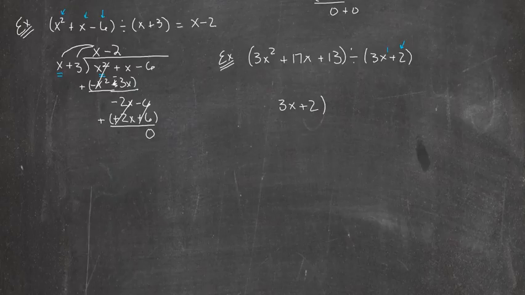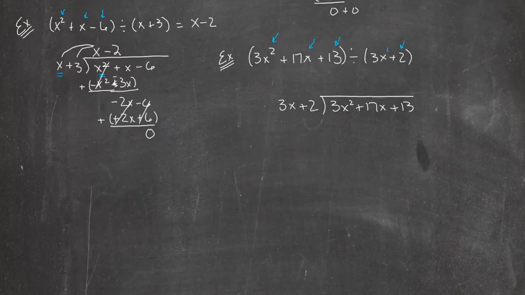And then on the inside, check this out, I have a second degree and a first degree and a constant term. So I'm good to go there as well. I don't have to do any kind of rewriting with zeros. So 3x squared plus 17x plus 13. Okay, now let's do our division.